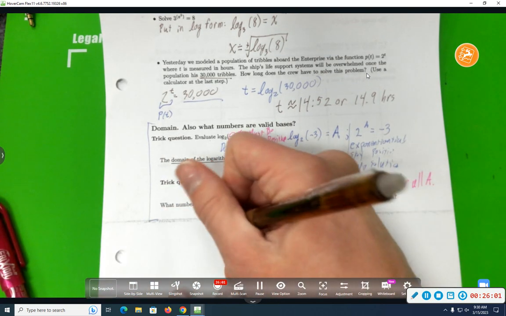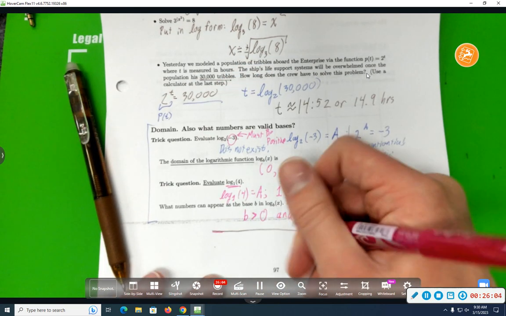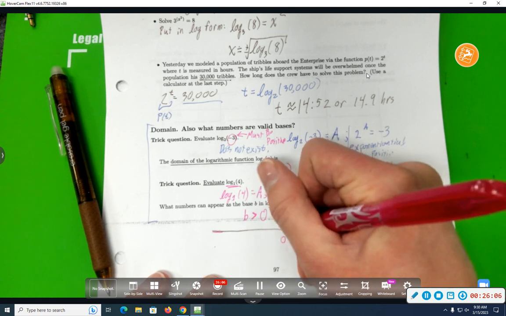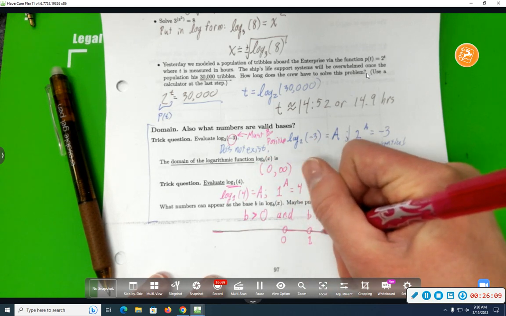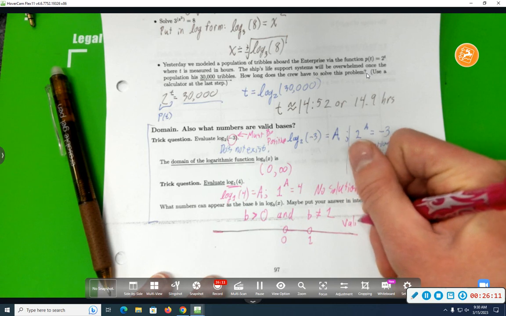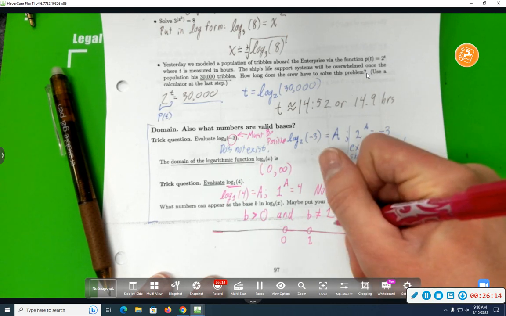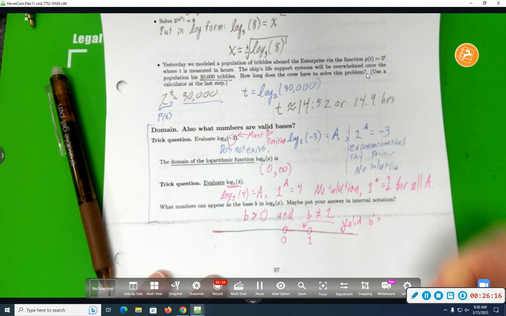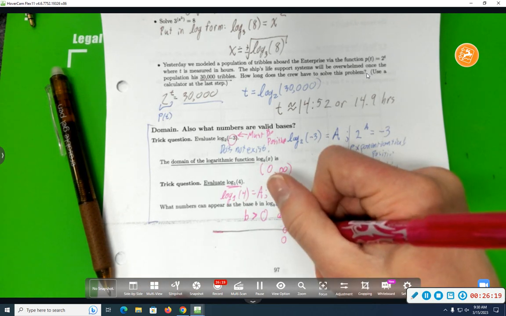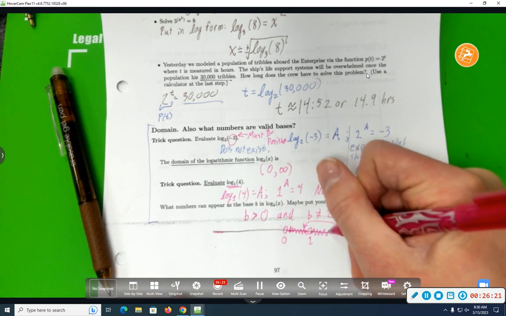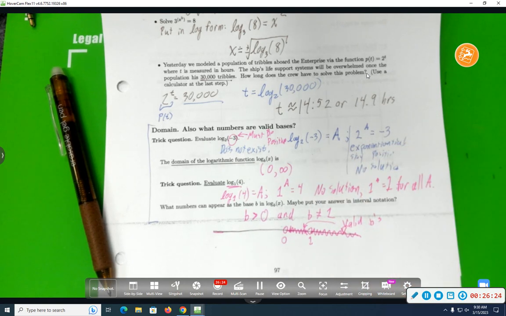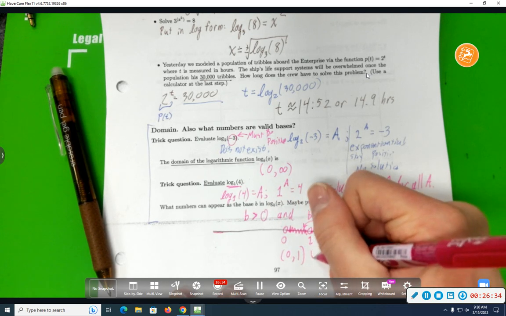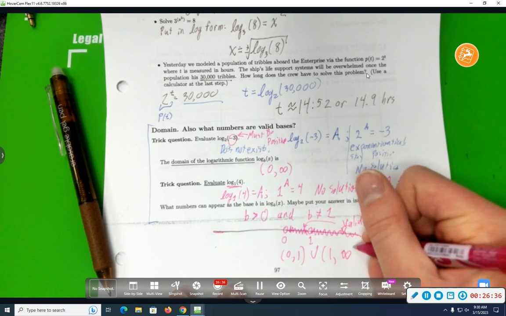So if we draw a number line of that, if there's 0 and there's 1, here are the valid choices of b. So what is that in interval notation? Just to remember that. 0 to 1, union 1 to infinity.